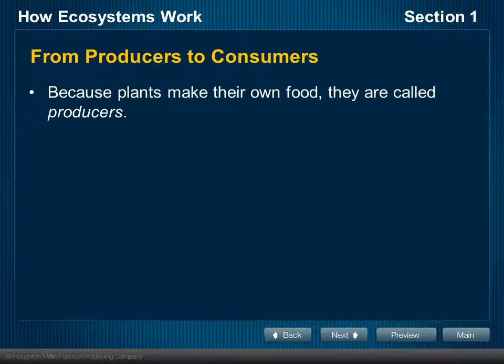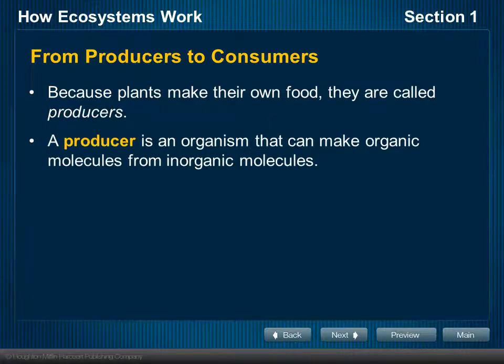We take these plants, which you're going to see are at the foundational level of any food web or food pyramid, and we call them producers. We call them producers because they make organic molecules from inorganic molecules. Simply put, guys, we call them producers because they make their own food. And in most ecosystems, the things that are at the producer level are going to be plants, although it's not always plants.